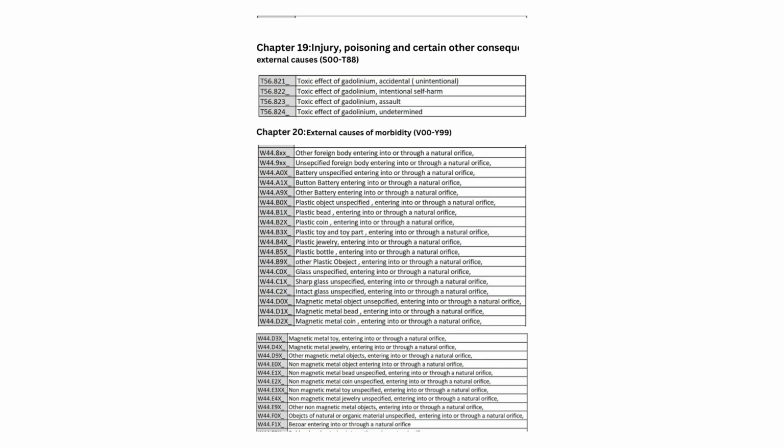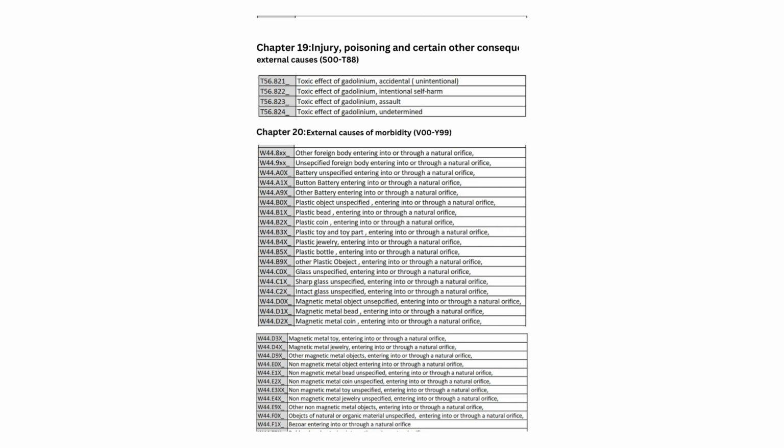Chapter 20. This year we observed significant alteration in chapter 20, which pertains to external cause codes concerning death, dying, and child safety. This includes items like water beads, aqua beads that can expand and pose a danger when ingested by a child, as well as magnets and small button batteries.